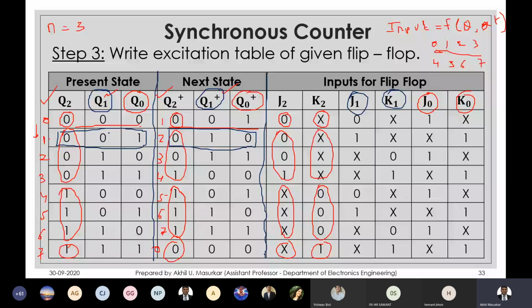So the next state of 1 should be 2, the next state of 3 should be 4, the next state of 4 should be 5. But what should be the next state of 7? The next state cannot be 8 because 8 would require one additional bit. So it should again return back to the original state. After 7, it should again return back to 0.